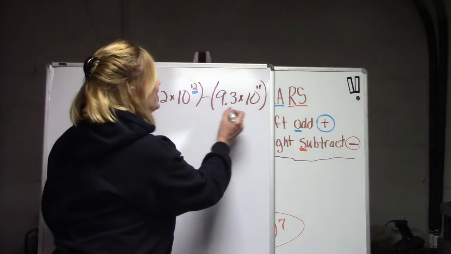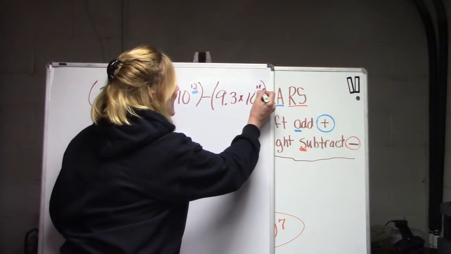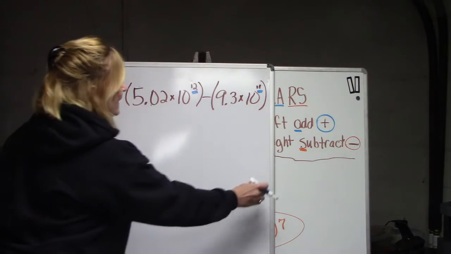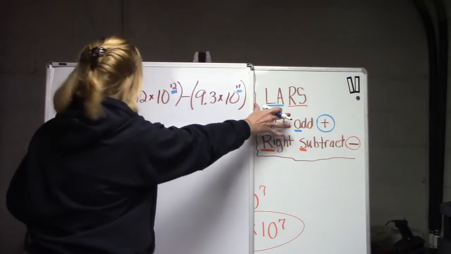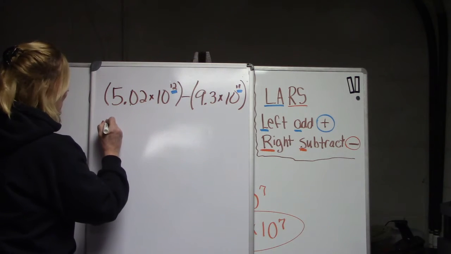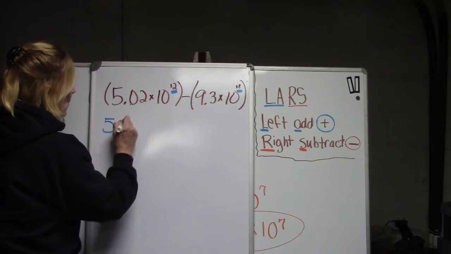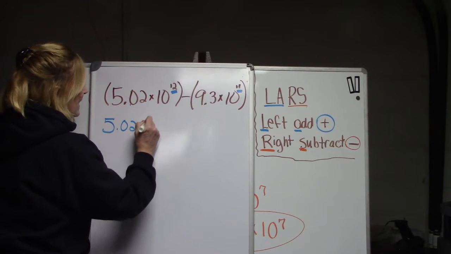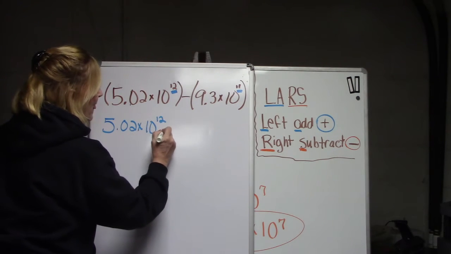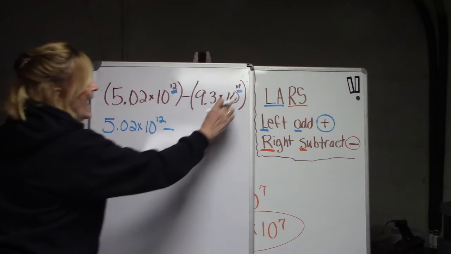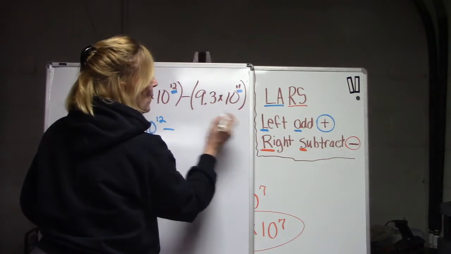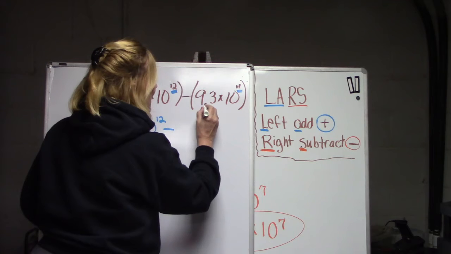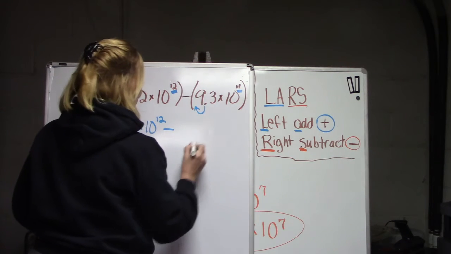Okay, now this one, base 10, but it is to the 11th power. So I'll leave the first one as is, 5.02 times 10 to the 12th power minus, and I need this to go up 1 or increase by 1, so I'm going to move my decimal point to the left.